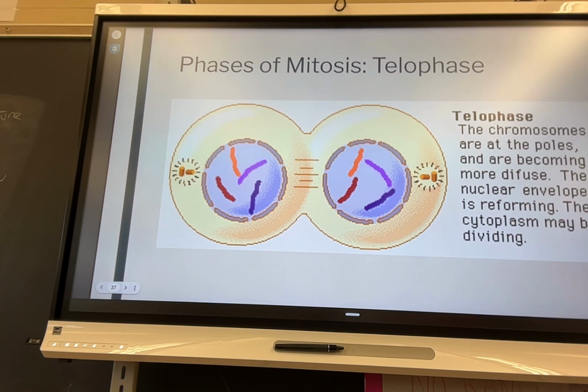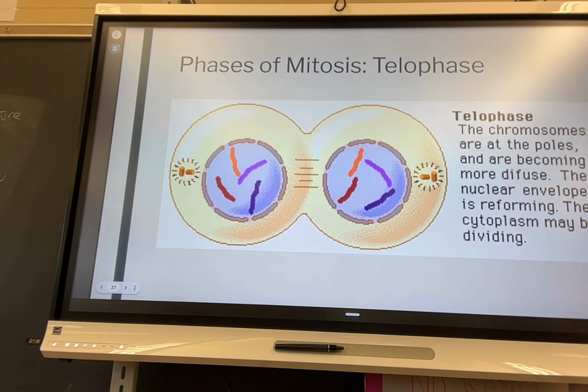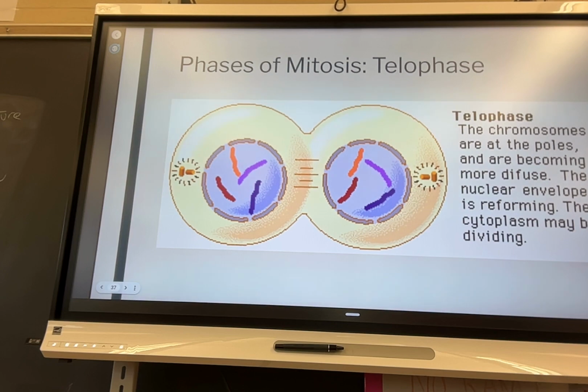From there, we move on to telophase. So this looks kind of like a doubled version of prophase. In this case, what is happening? The chromosomes are now at the poles. They are at the different sides of the cell.